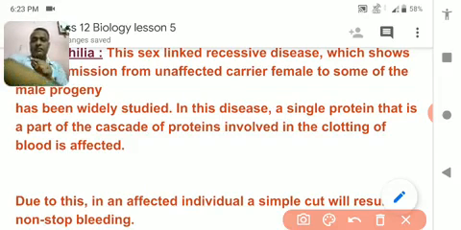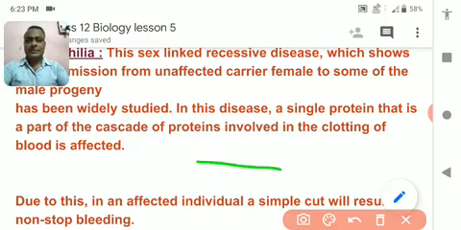It means if the person gets an injury anywhere in the body, the blood will squeeze out through the injury and it will not stop at all, it will not clot at all. And due to this, the person can die.